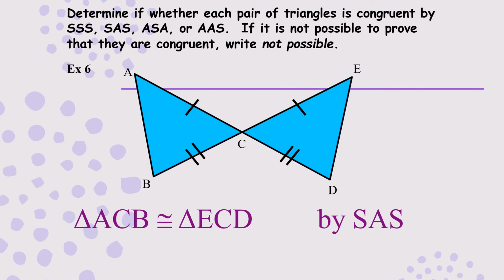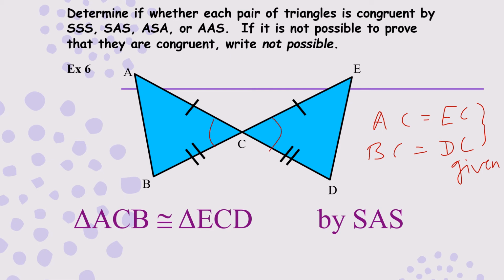Next question is, in this figure AC is equal to EC, that is given. BC side is equal to DC, that is also given. So can you find out the third one?